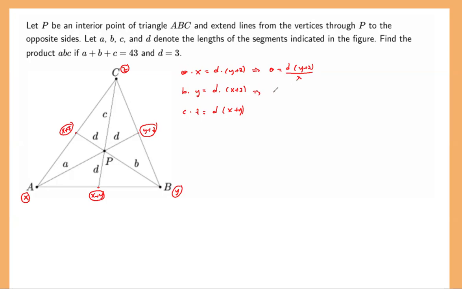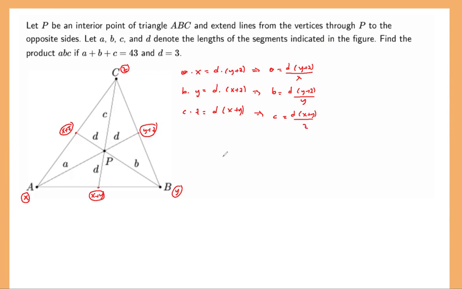And then the same thing with this one. So B has to be D times X plus Z over Y, and then the last one is going to be C is equal to D times X plus Y over Z. If you add these, the sum is 43.